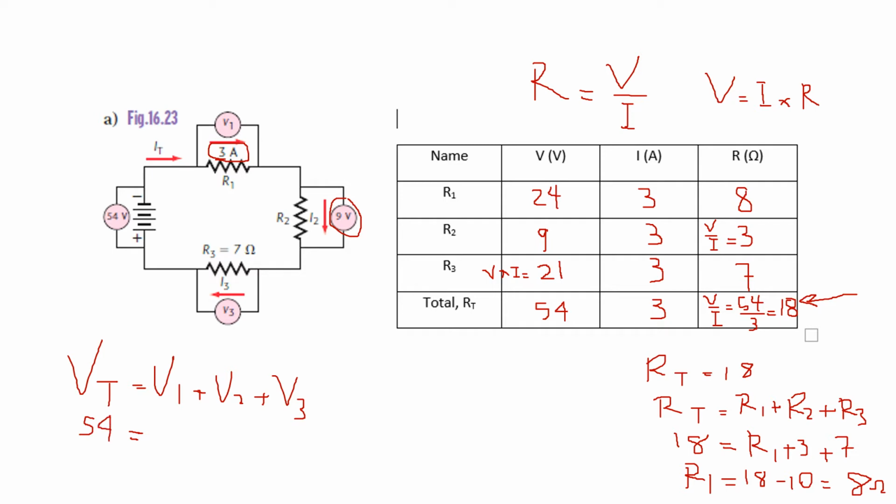So your V1 is 24, your V2 is 9, and V3 is 21. You can see 21 plus 9 is 30, 30 plus 24 is 54 volts. So that is a check to make sure you've done everything correctly. So that's our first circuit.